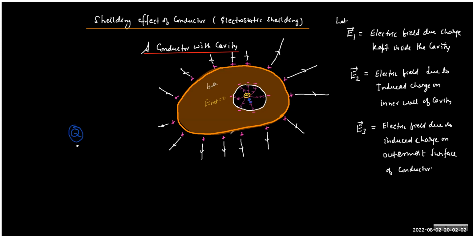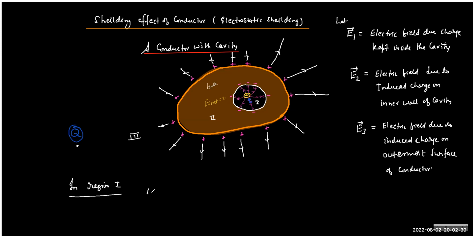Now, if I call this region 1, this region 2, and beyond it region 3, in region 1, do we have electric field, yes or no? Yes. And the field which I have drawn in the cavity is due to which charge? The charge inside the cavity?